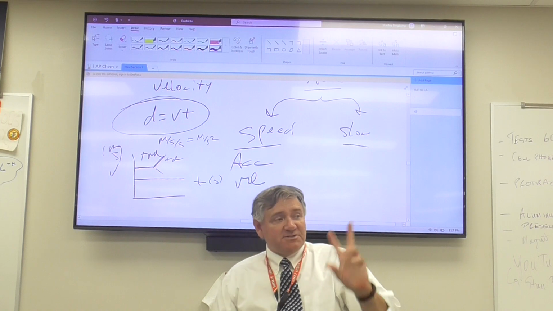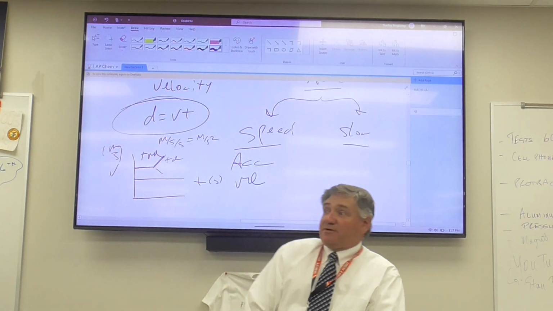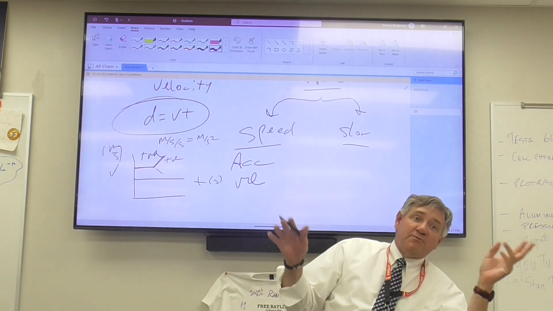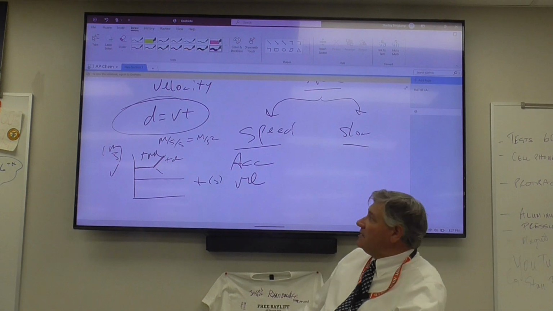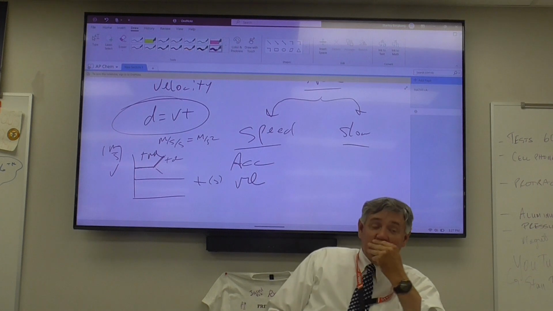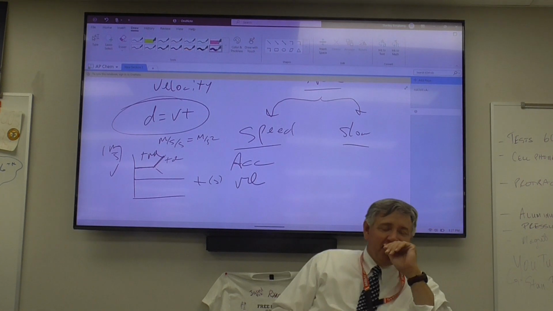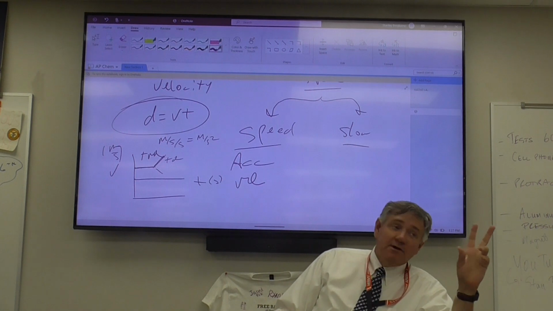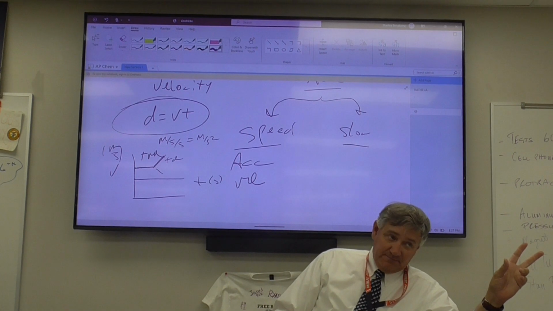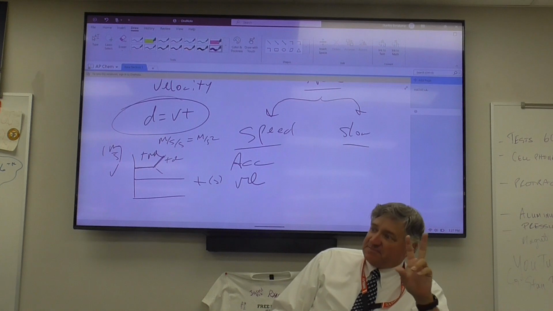There's a couple of ways you can determine if something is speeding up or slowing down. I'll show you two methods. Pick the one that fits your mindset. I care not which one you choose. Some people like signs. If your signs are the same, both positive or both negative, that means you're going to speed up.